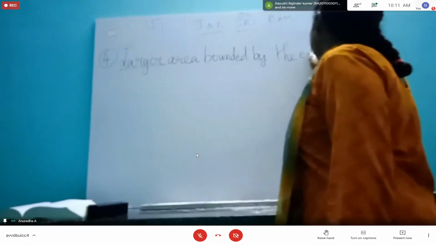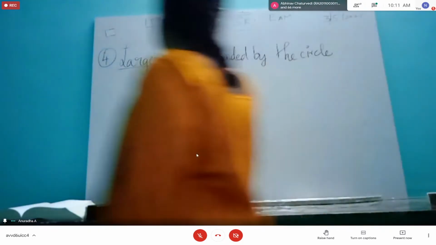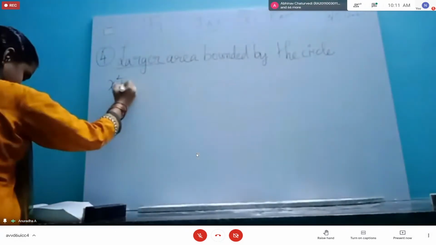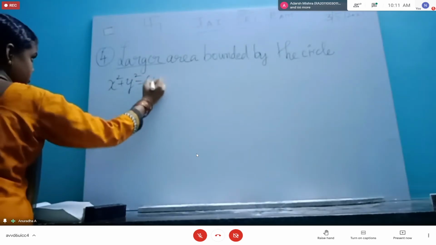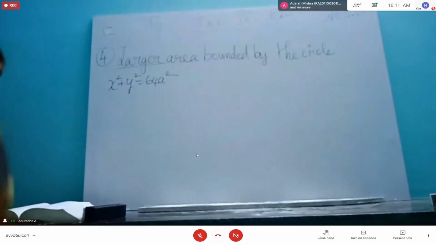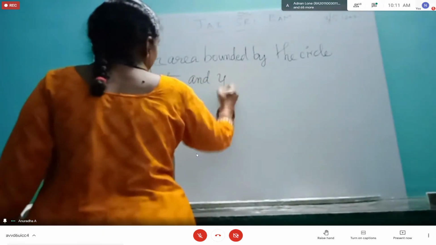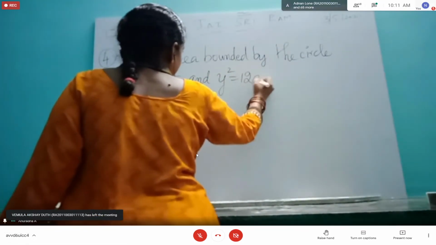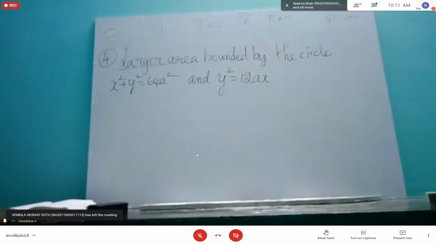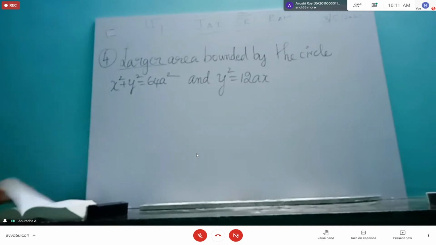the circle x square plus y square equal to 64a square and y square equal to 12ax. So this is an important model, another one model.